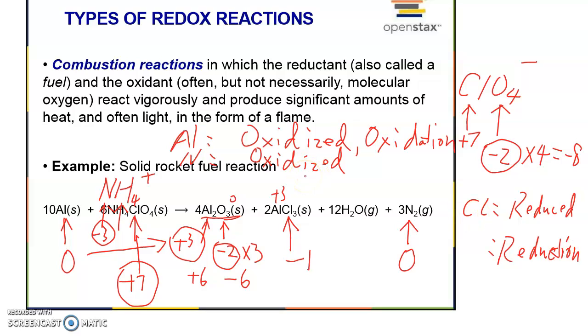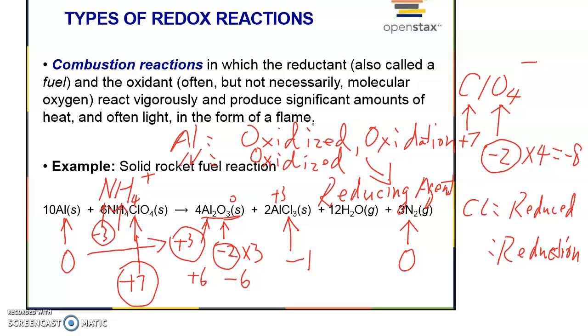Now, if any atom or element is going through an oxidation process, we also call it a reducing agent. When you put the word agent at the end, that is the opposite of what it's doing. For example, if it's oxidized, then we call it a reducing agent.